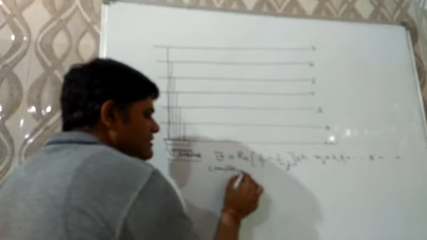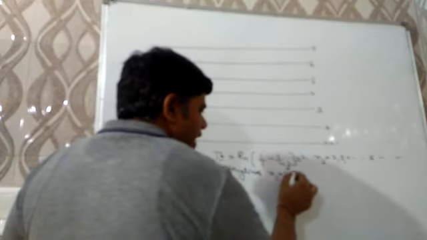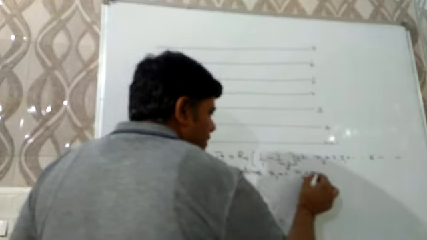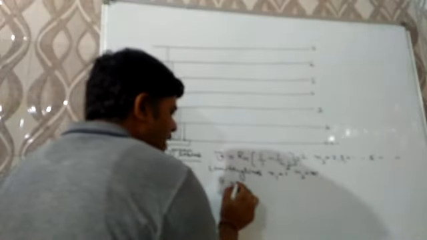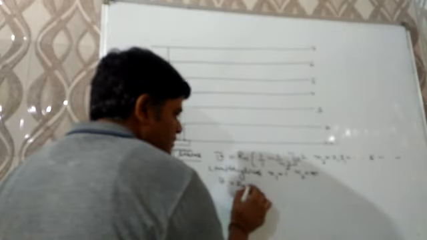For limiting lines, n1 will be 1 and n2 should be infinity. So the wave number for the limiting line will be RH into Z square, where Z is the atomic number.